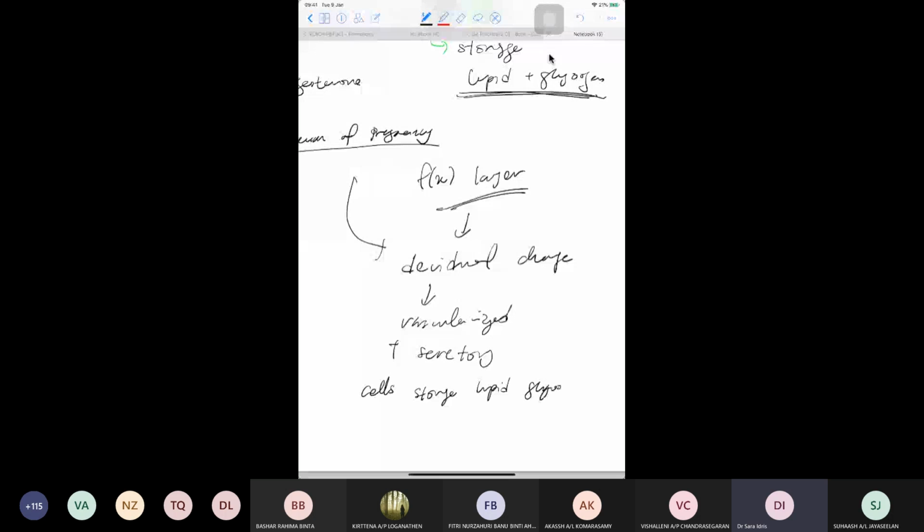So this is much more so than when it was just under the influence of the progesterone from the normal corpus luteum. Now that it's under the influence of the corpus luteum of pregnancy, it will become more vascularized, with more glands and more storage of lipid and glycogen, and all of this will be known as decidual change of the endometrium. So now the functional layer, the compact and spongy layer, is now known as decidua.